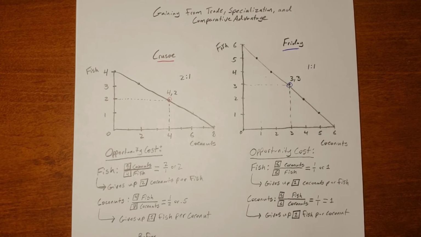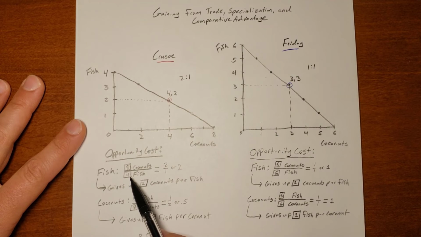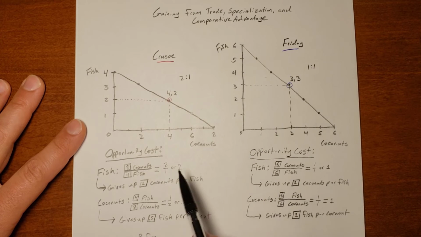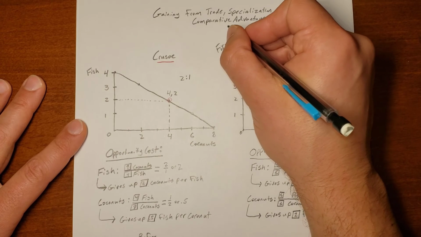So let's determine who has the comparative advantage in producing which good. Let's start with the production of fish. Every time that Caruso produces a fish, he gives up how many coconuts? 2. Every time that Friday produces a fish, he gives up 1 coconut. So again, comparative advantage, what is it?